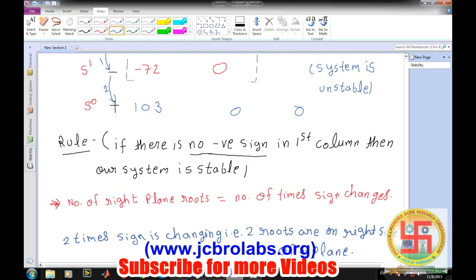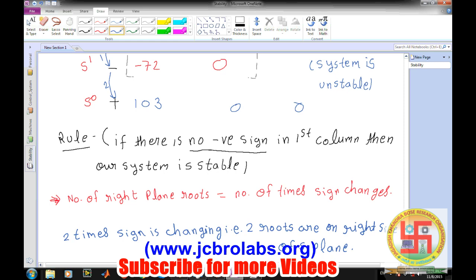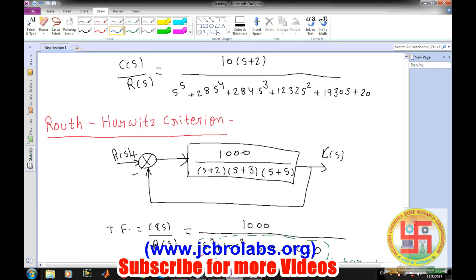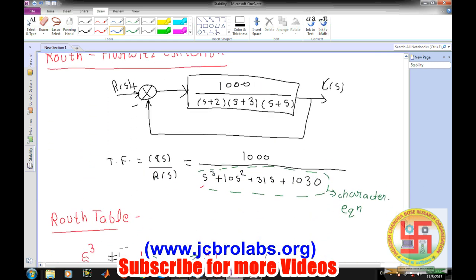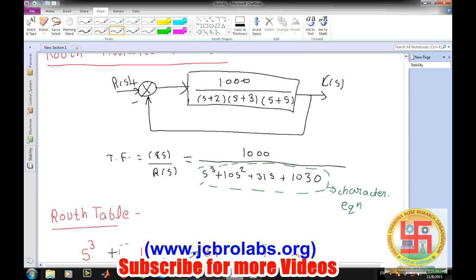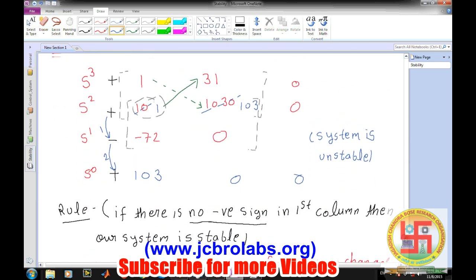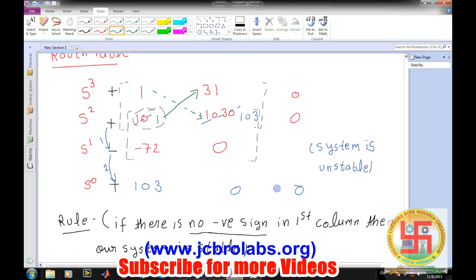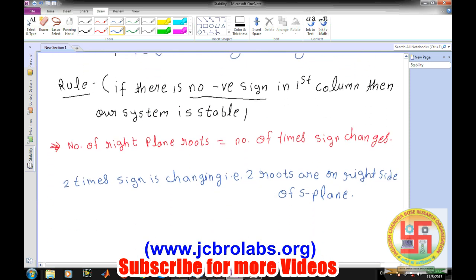So I hope this has solved your major concern, like how to find the stability if our transfer function is of higher order. Just by solving this Routh table, we can find whether our system is stable or unstable, or how many roots are lying on the right side of the S-plane.